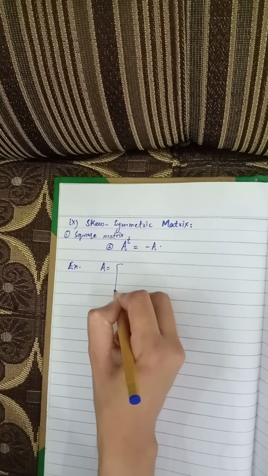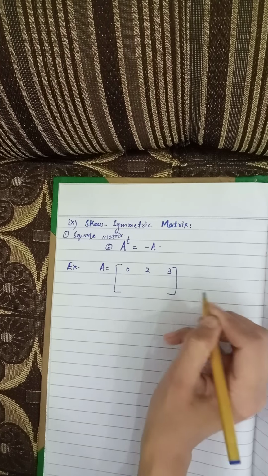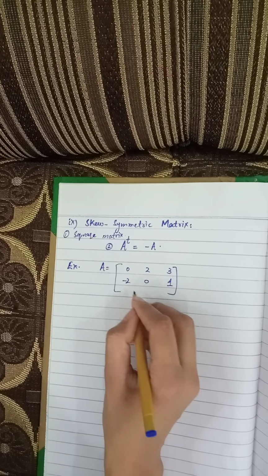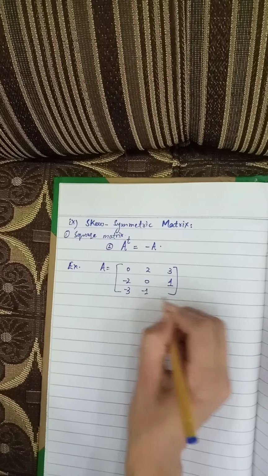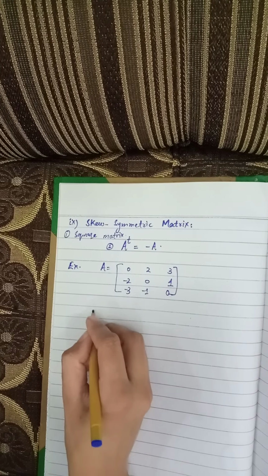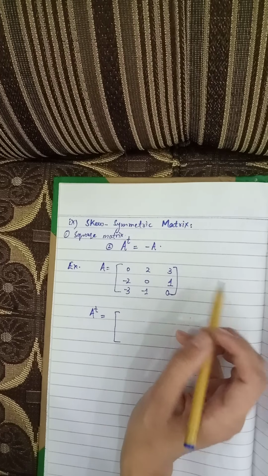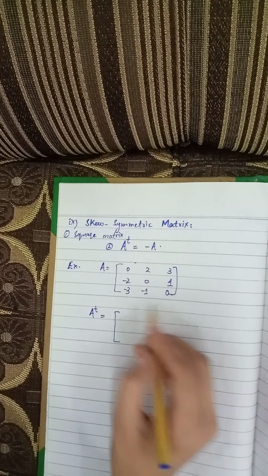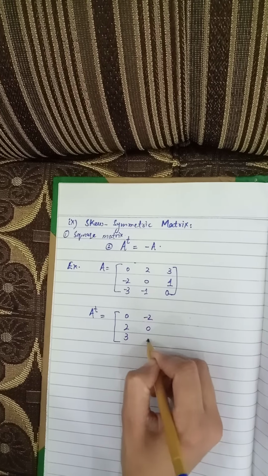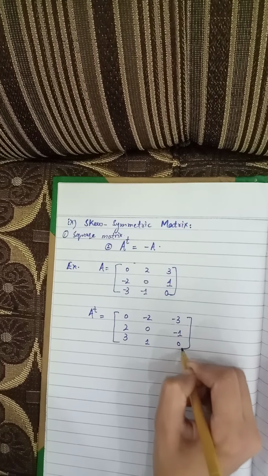0, 2, 3, minus 2, 0, 1, minus 3, minus 1 and 0. Let's take the transpose of it, changing the rows into columns: 0, 2, 3, minus 2, 0, 1, minus 3, minus 1 and 0.